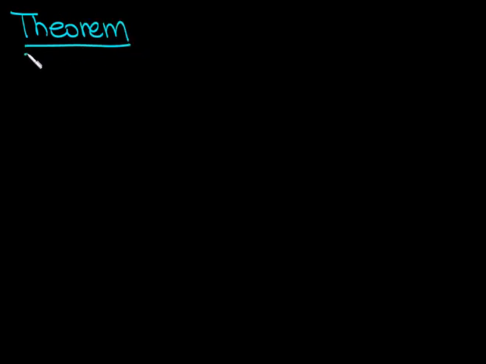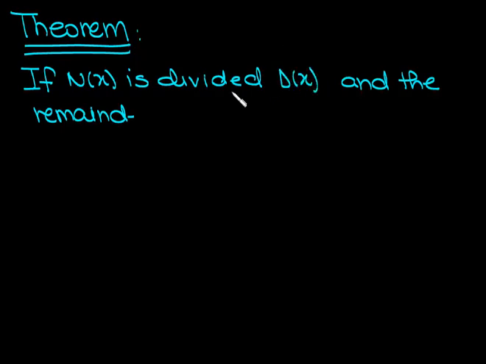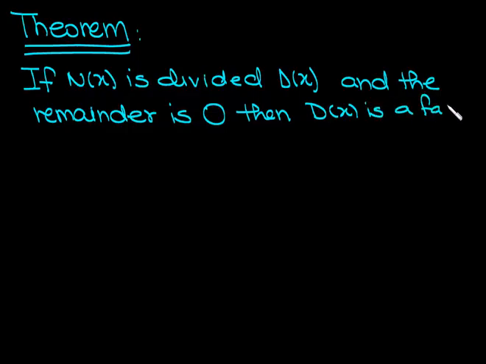Theorem, which states that if n of x is divided by d of x, and the remainder is 0, then d of x is a factor of n of x. Okay, and you can see that from here.